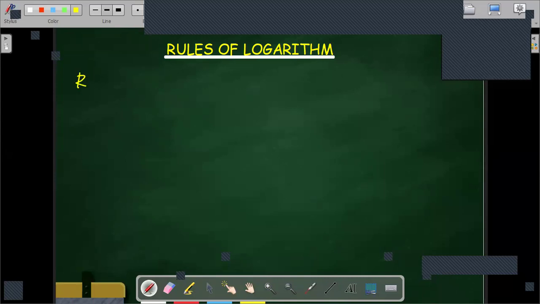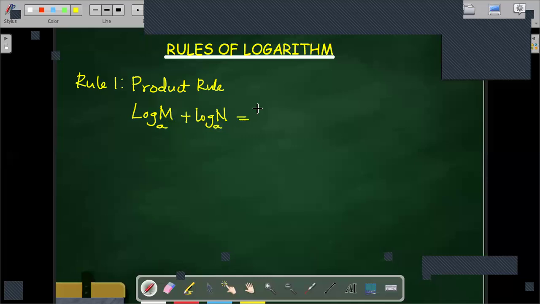Rule 1 is the product rule. It says the logarithm of a number m added to the logarithm of a number n, on the same base, is the same as the logarithm of m multiplied by n.